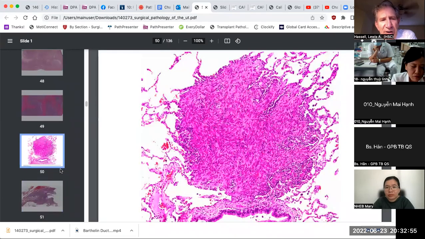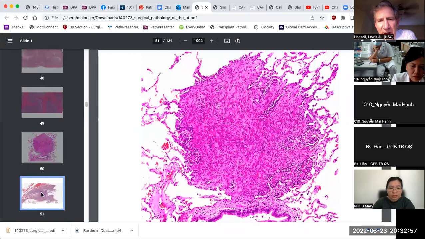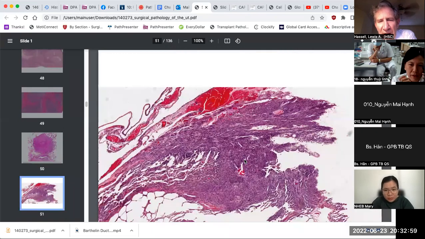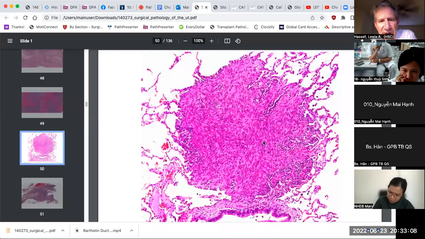One thing which can look similar, however, is lymphangioleiomyomatosis. And the distinction with this is the architecture. So notice this benign metastasizing leiomyoma. It has a rounded nodular shape, and it's occurring adjacent to the bronchiole.